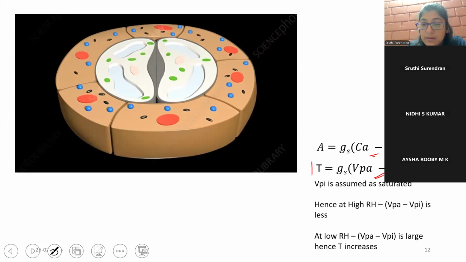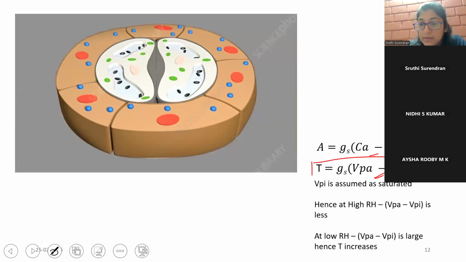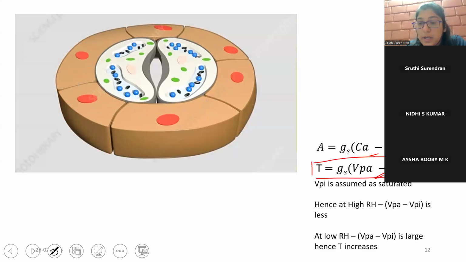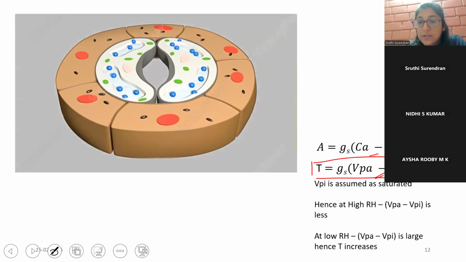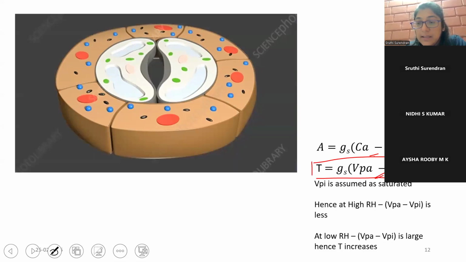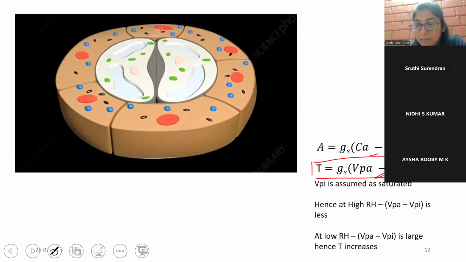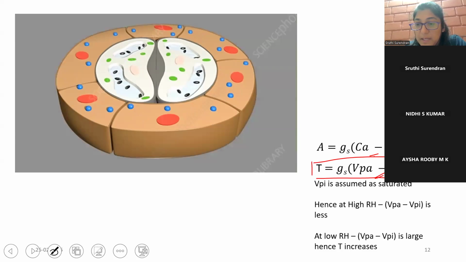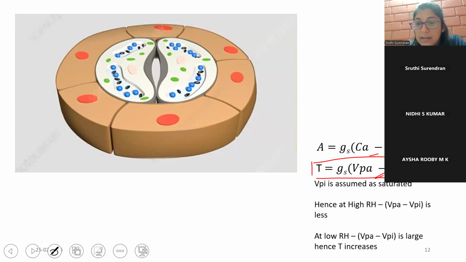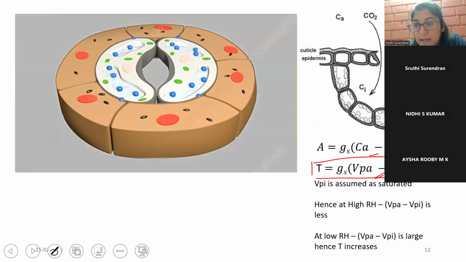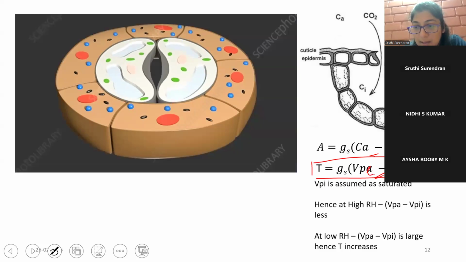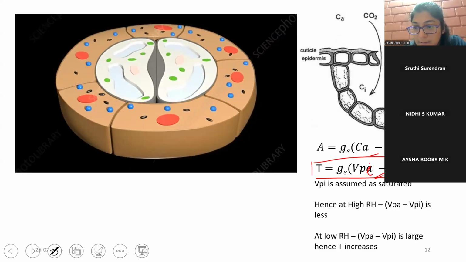Transpiration rate is given in this form: transpiration is a product of the stomatal conductance and the vapor pressure deficit. If the transpiration is high, VPD is high. VPD is nothing but VPI minus VPA.